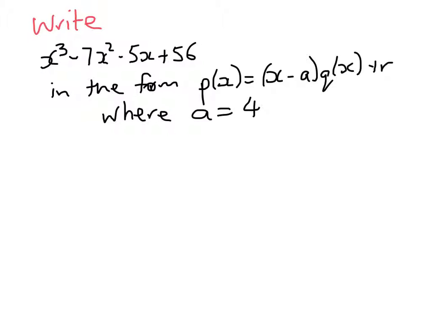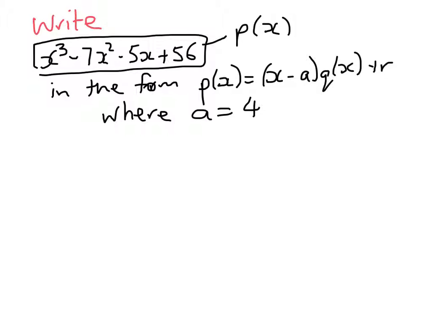Now that looks much more formal and a bit intimidating, but all it's telling me to do is to take this polynomial, which is p of x, and divide it by x minus 4.